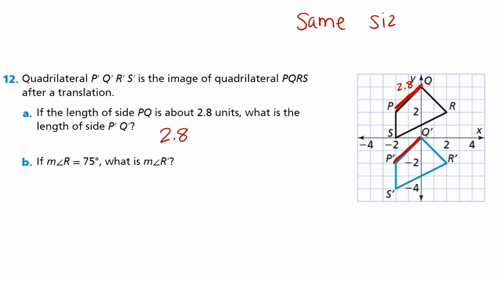So if one side is 2.8, the new side is also 2.8. It does not change. For letter B, if angle R is a measure of 75 degrees, then the new measure of angle R is also 75 degrees. Again, because the shapes are the same size, it means that the edge lengths and the angles stay the same as well.